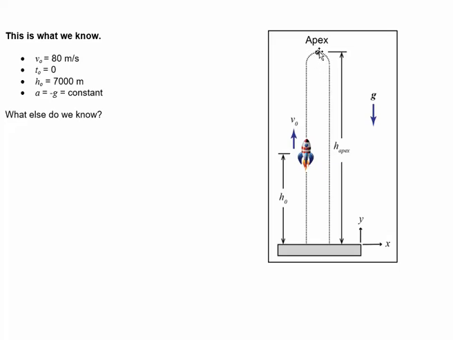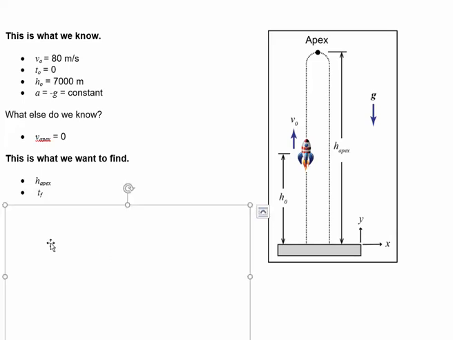The velocity at the apex is going to be 0. So that's what else we know. Well, what do we want to find? We want to find the maximum height, so the height at the apex, and the time that it takes for the rocket to go all the way back down to the ground.